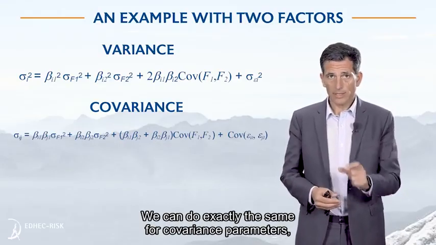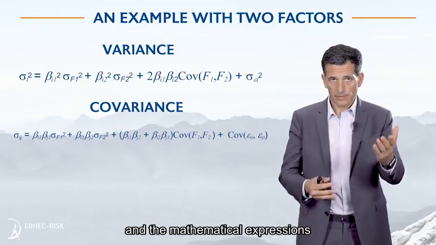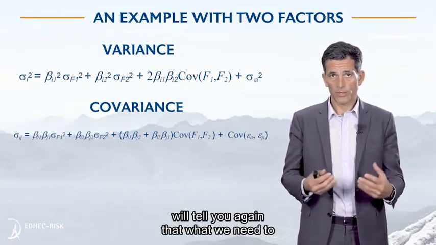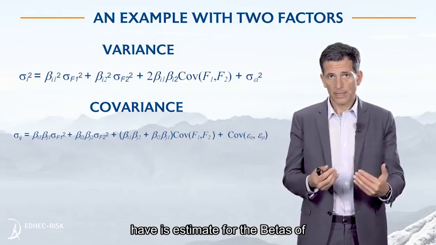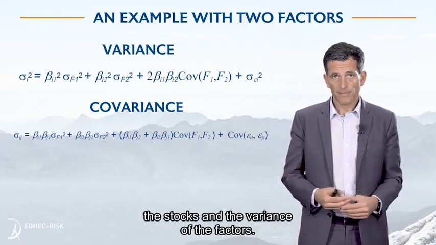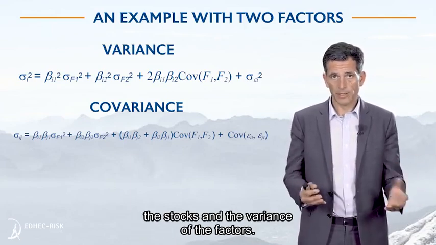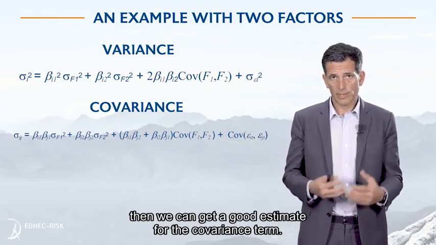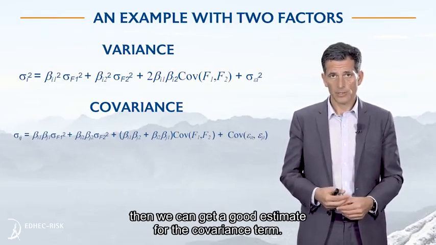We can do exactly the same for covariance parameters. And the mathematical expressions will tell you again that what we need is an estimate for the betas of the stocks and the variance of the factors. If you have the betas of the stocks and the variance of the factors, then we can get a good estimate for the covariance term.